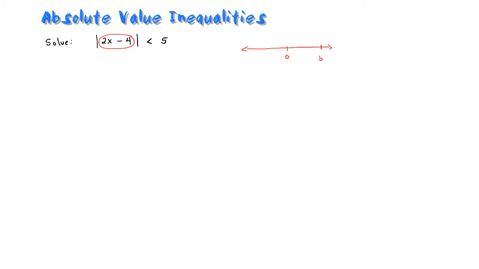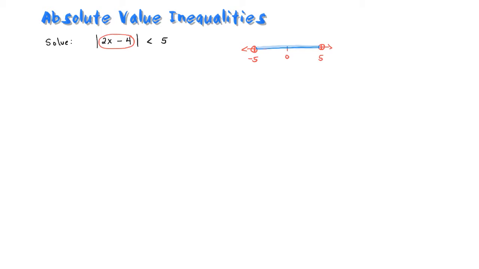Let's say that this is 5, this is -5. Now I am not including the endpoint, so I'm going to put an open circle there. And what I really want here is practically just values that are within -5, 5.